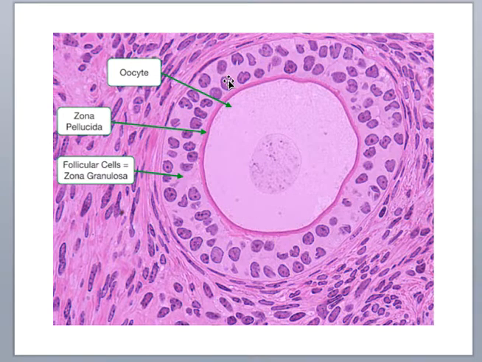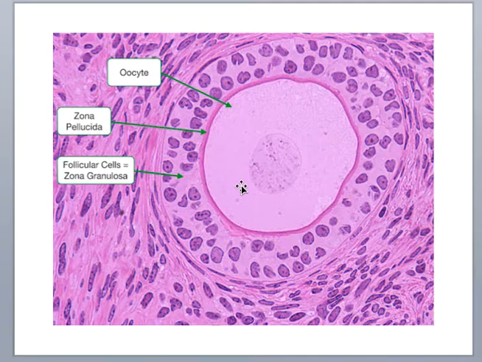Now this is also a primary follicle, but a later stage primary follicle. Here's our oocyte, and this thick layer of pink stuff directly adhered to the oocyte is the zona pellucida. This structure is important because the zona pellucida stays with the oocyte upon ovulation, so the sperm cells have to hydrolyze and break through it to penetrate the oocyte itself.